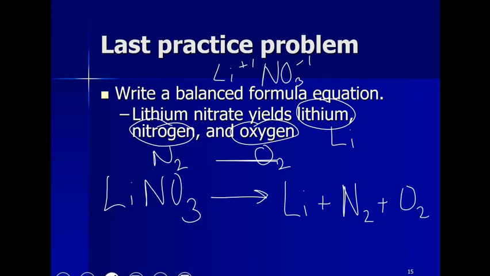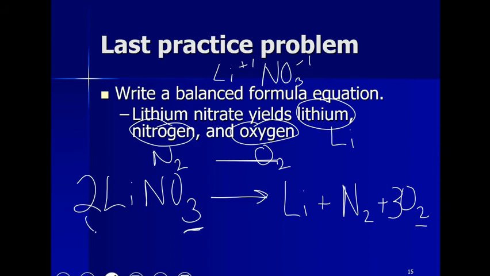Okay. Now, what I notice here is I have an odd number here and an even number here. So that's my odd even problem again. So I'm going to have to make this odd number an even by putting a 2 there. That gives me 6 oxygens on this side. If I have 6 oxygens on this side, I need 6 oxygens on that side.